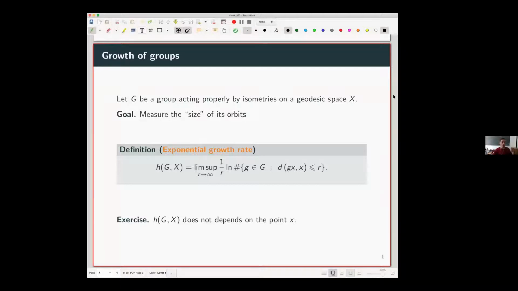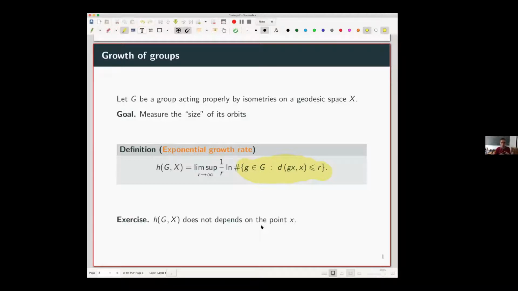One way to do that is to define what's called the exponential growth rate. Basically, you look at all the elements that will hardly move a point x, and you count how many of them there are. So you count how many elements you have in a given ball for the metric which comes from the metric of X. This gives you a finite number because the action is proper.